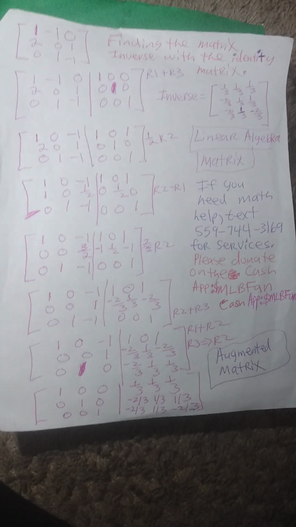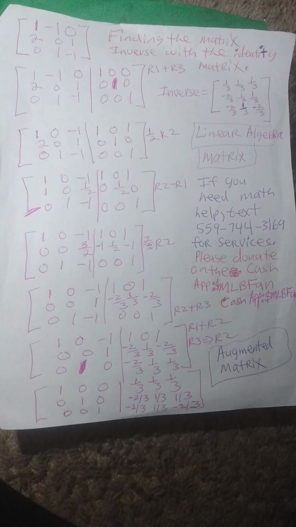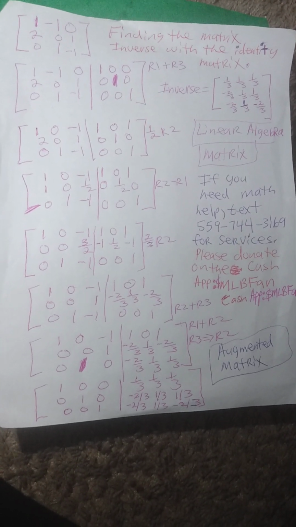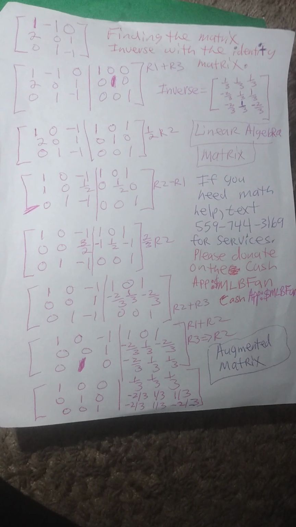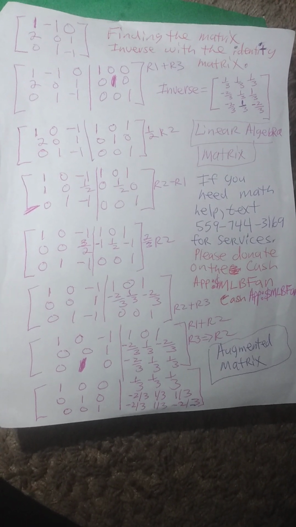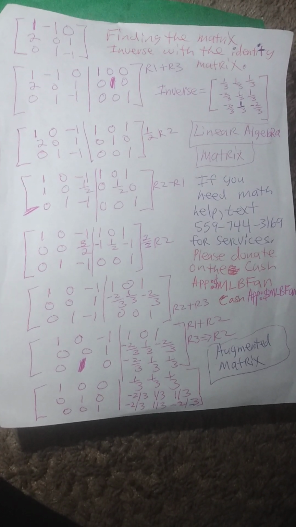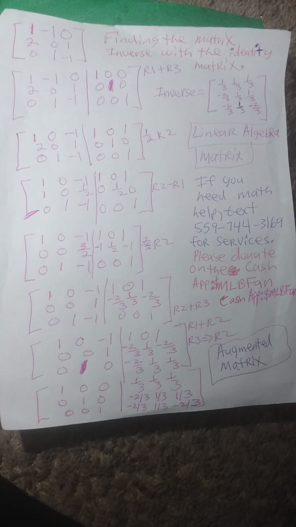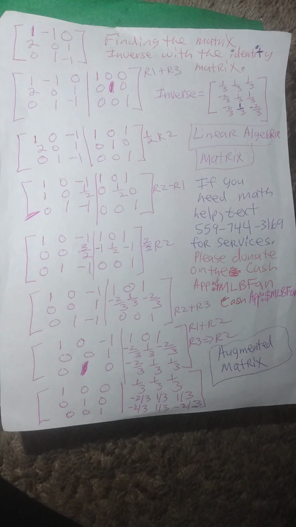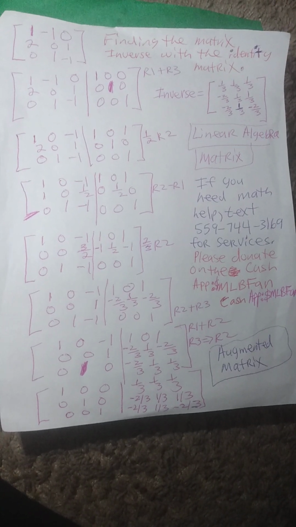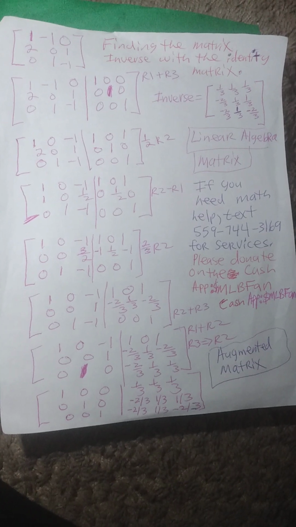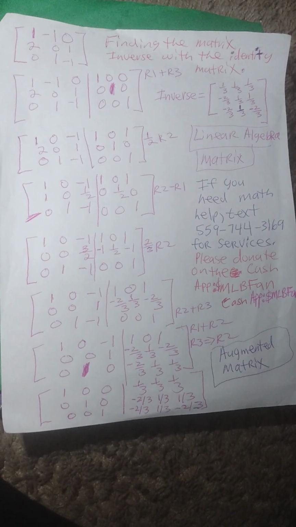So now the matrix will read 1, 0, negative 1, 1, 0, 1, 0, 0, 1, negative 2/3, 1/3, negative 2/3, 0, 1, 0, negative 2/3, 1/3, and 1/3. Then we want to switch row 3 with row 2. So now the matrix will read 1, 0, 0, 1/3, 1/3, 1/3.